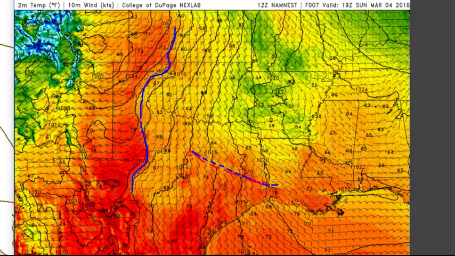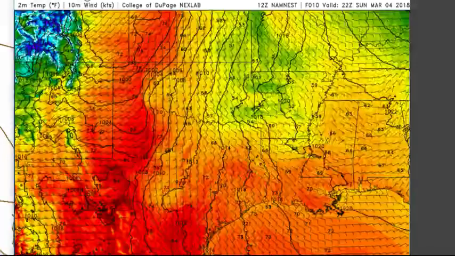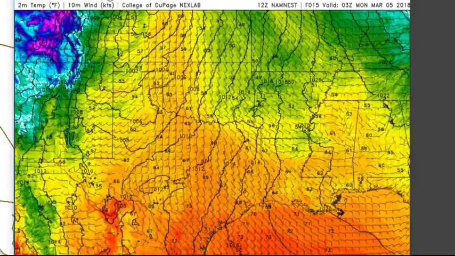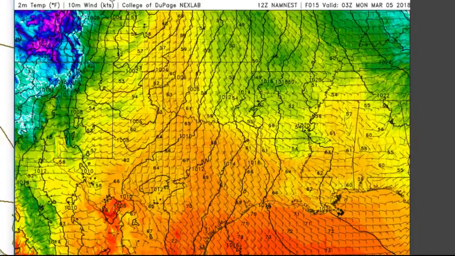Looks like it's in that area right there, and it possibly loops around maybe something like that right there. So a little bit of non-uniformity setting up that warm front boundary. As the evening goes on, we run this up to the current time, and it looks like that right there.